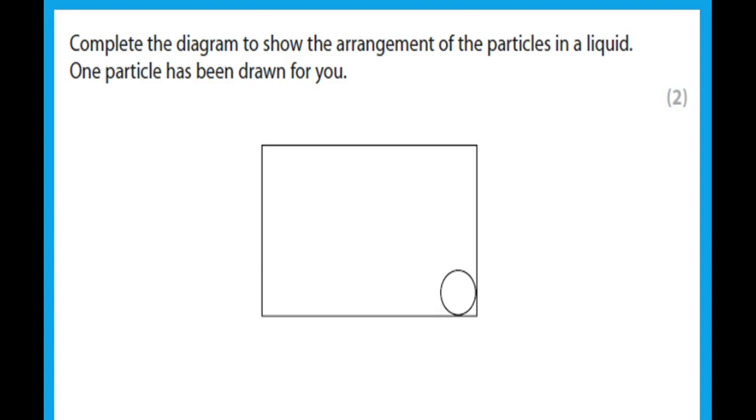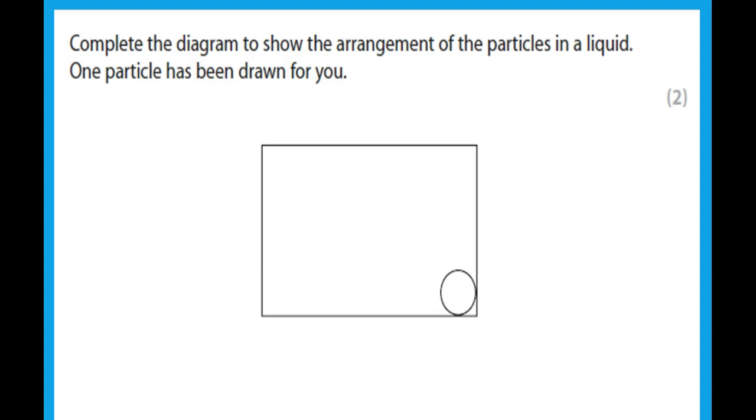The first question there is, complete the diagram to show the arrangement of particles in a liquid. And he says that one particle has been drawn for you. You should realize he's asking us to draw the diagram of a liquid. And you should remember how particles in a liquid are arranged.